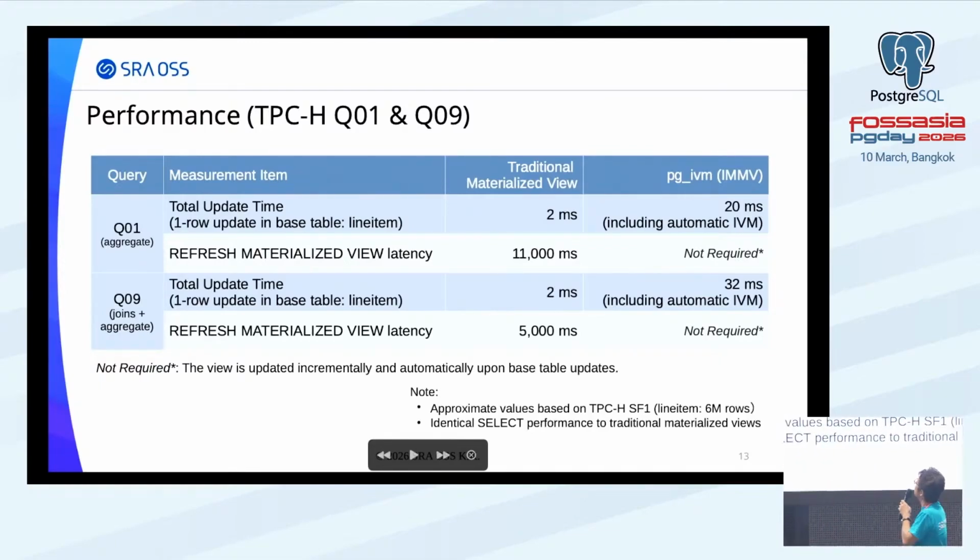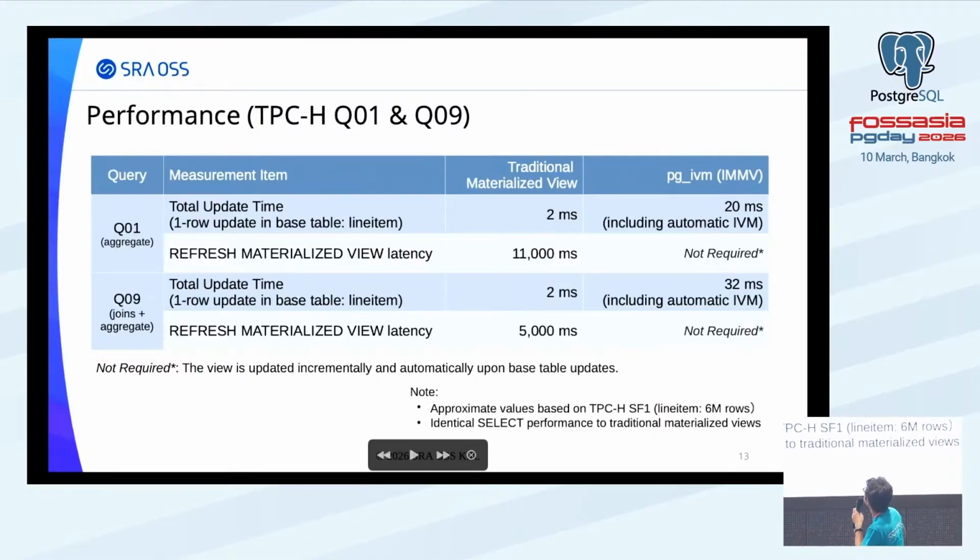With a traditional materialized view, it takes about 11 seconds or 5 seconds. However, an IMMV created by PGIVM does not require explicit refresh, because the IMMV is updated automatically and incrementally, so it is always kept up to date.